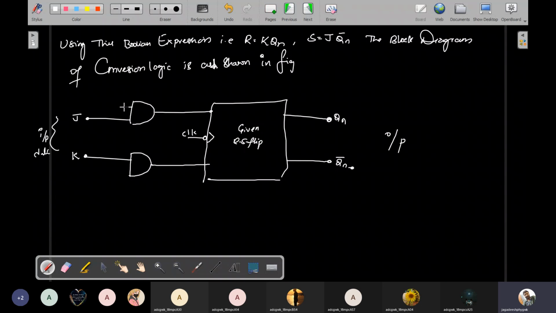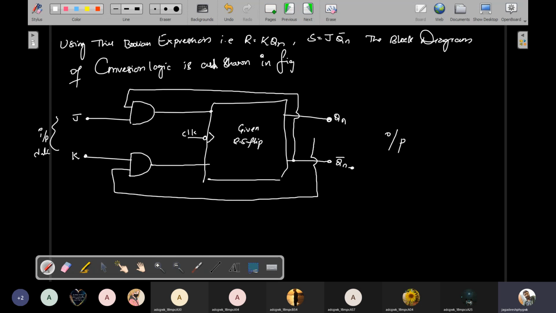Okay, and simply you will connect a line to this terminal, and you will take feedback to this terminal. So here see the AND gate. So here S is the input, and this is the R input. Okay, so this R is equal to K Qn, understand?